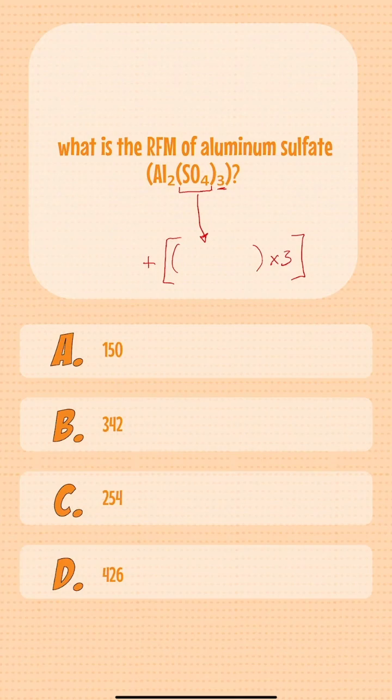We already know oxygen is 16. There's 4 oxygens, so we can do 16 times 4. We want to add that to what S is. If you look at what S is in the periodic table, it's 32. So we're doing 32 plus 4 16s, times that by 3, add 2 aluminiums.